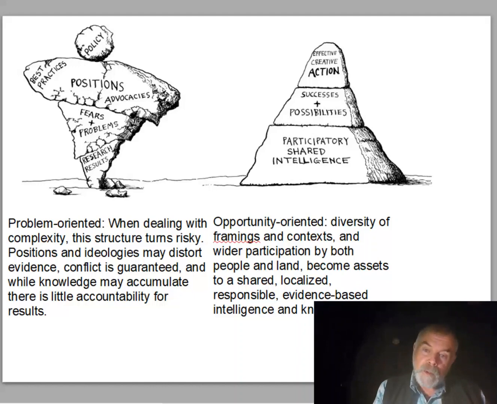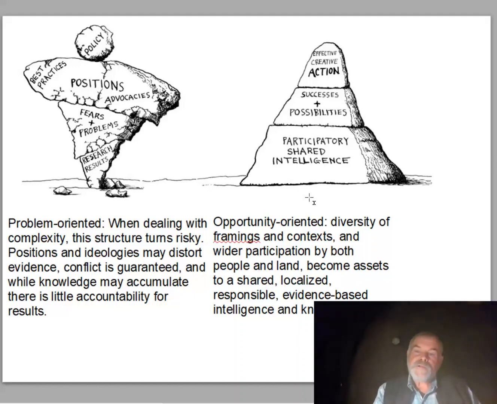Whereas if we can grow a participatory shared intelligence, we can have the opportunity to become assets to each other and use the assets in our communities, the creativity, and take responsibility and get feedback based on evidence. And I think the opportunities for learning are much greater.